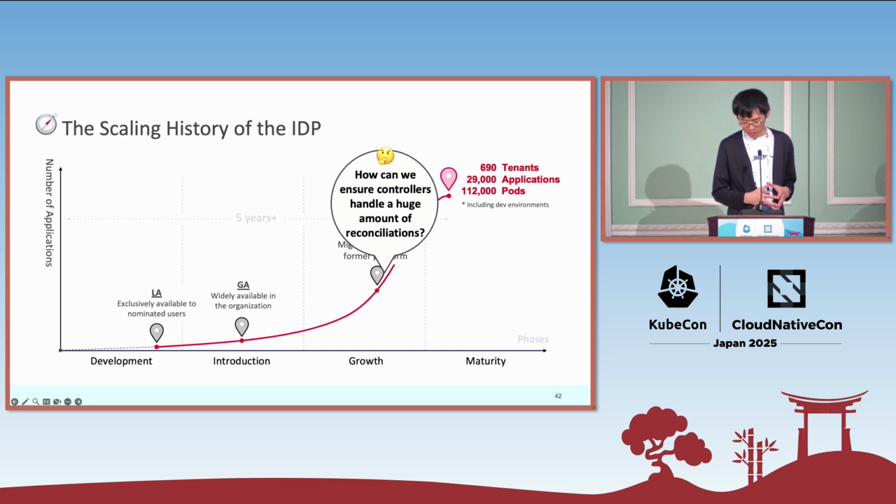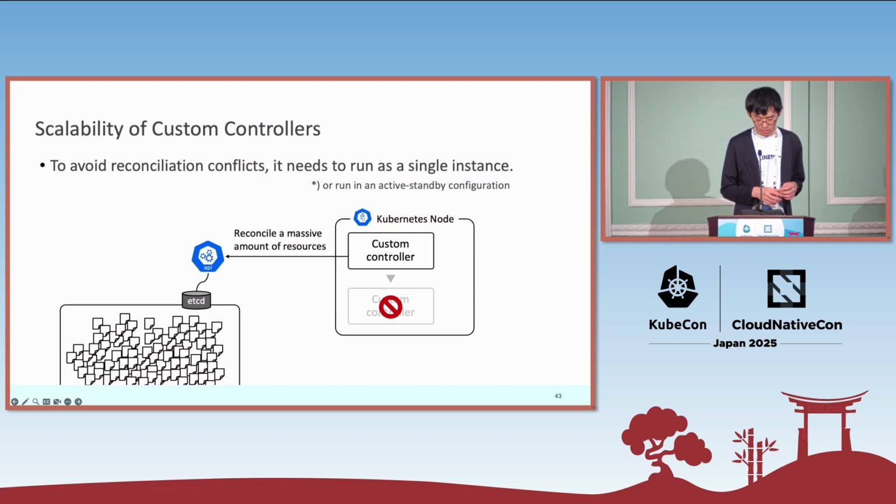And the last one I pick up is custom controller scalability. To avoid reconciliation conflicts, only one controller instance can reconcile the same kind of resources. Therefore, even if the number of resources increases, we cannot scale out the controller.